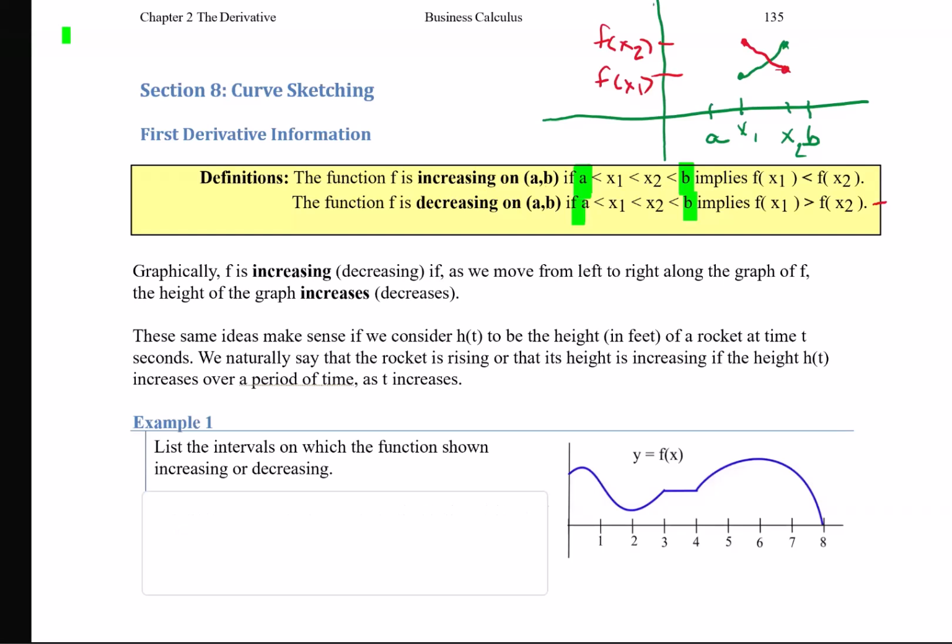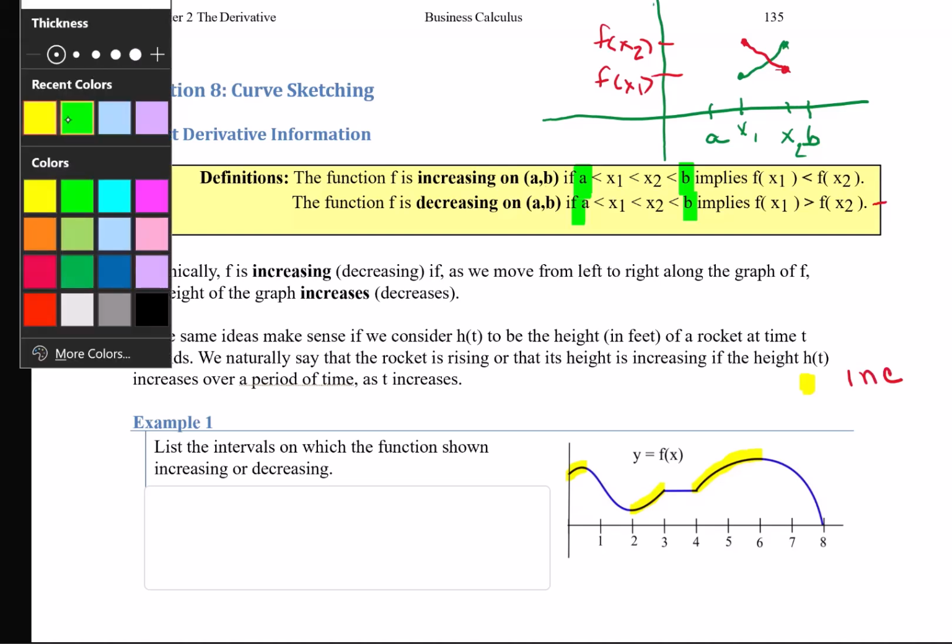Example 1. List the intervals on which the function shown is increasing or decreasing. It's increasing here. It then starts to decrease. Right around here, it starts to increase. It's increasing here to here. So yellow is increasing.